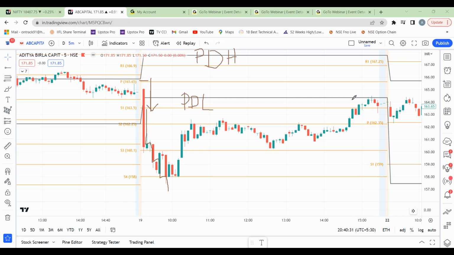Okay, and always remember the opening candle of the stock indicates a lot about the trend of the stock for the day. You have to understand that when a stock starts on a strong bearish for the day, it is likely to remain on sell trend entire day.